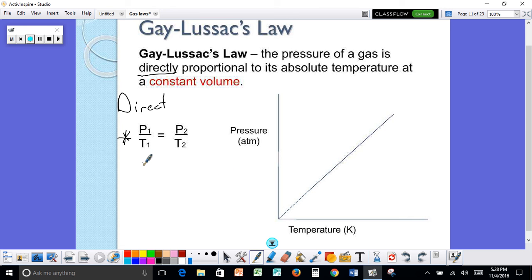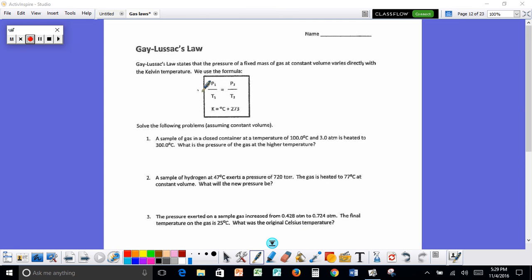And so the same thing, just looking at this numerically, if our initial pressure was 1 and our initial temperature was 2, and let's just say that we went up by a factor of 3 this time, so our new pressure is 3, that would mean our new temperature should be 6. Again, this is a direct relationship, and it's dealing with pressure versus temperature.